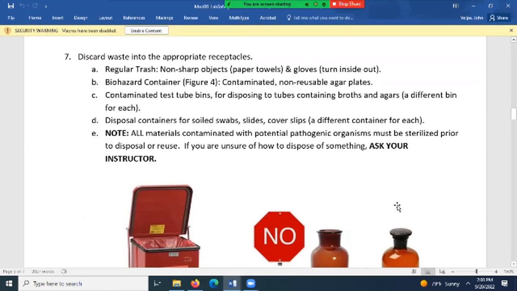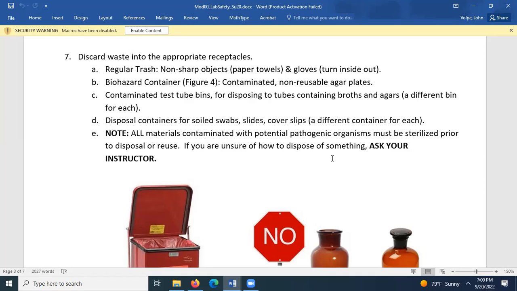It's important to know where you discard waste. You will be tested on this. Regular waste, that's just trash, no sharp objects, no contaminated objects, no broken glass, goes in the trash can. Okay?